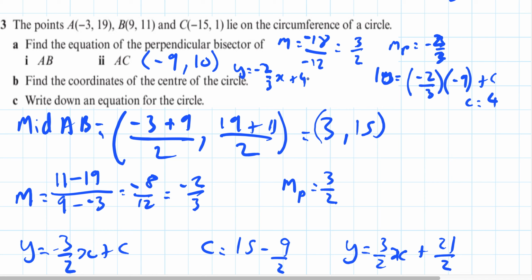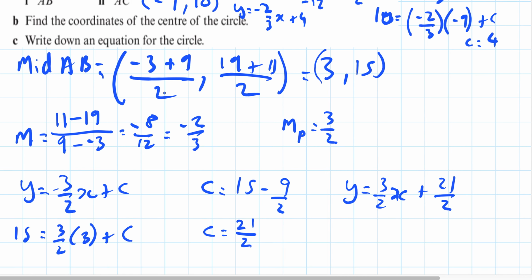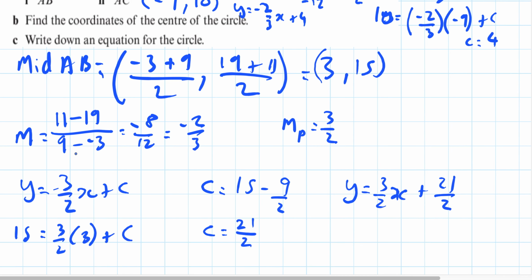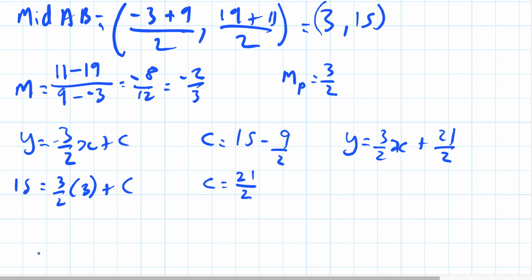Alright, so I'll just quickly look at my AC coordinate. Find the coordinate of the center of the circle. Remember I said the perpendicular bisectors go through the center of the circle. So we just need to work out where they intersect. So I've got my two equations. I'm just going to use simultaneous equations.